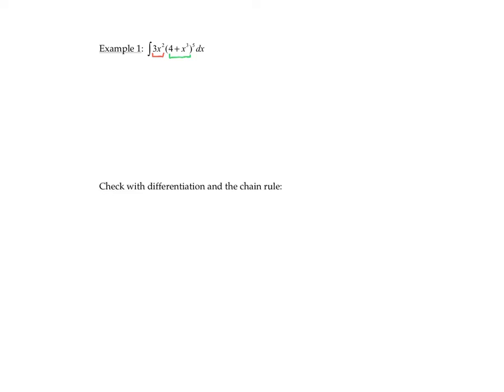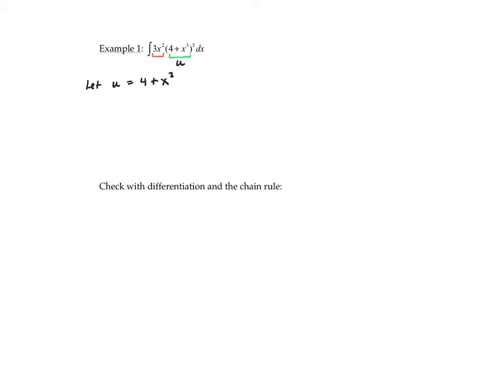Okay, so what we're going to do is let that piece on the inside be u. So we're going to write let u be equal to 4 plus x cubed. Now in general, you're going to let u be equal to what's inside the parentheses, but that's not a hard and fast rule.